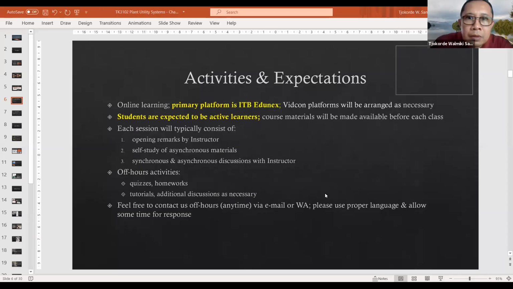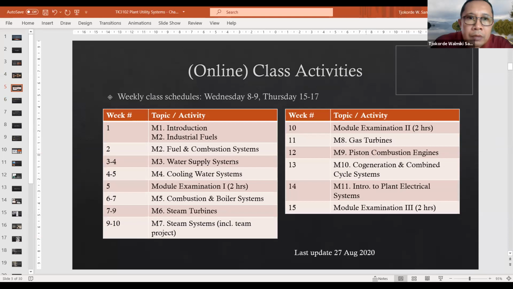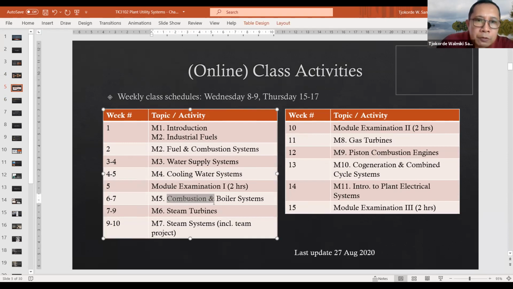Here we go. The combustion system will be moved to module 5. So we will stop the discussion about industrial fuels after the solid fuel.